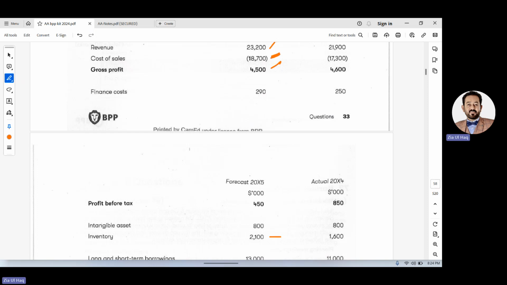Okay, increased. What could be the reason? Might be there is some obsolete inventory, or the company is not recording its losses. So inventory could be overvalued.